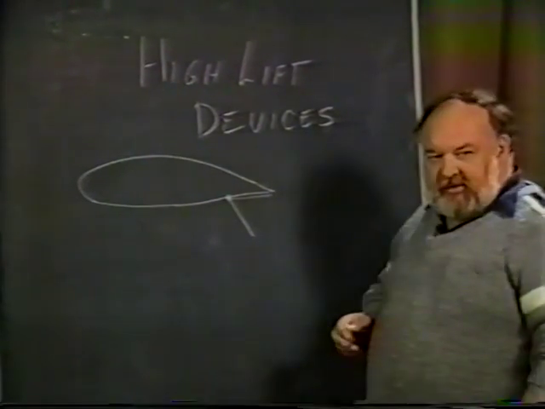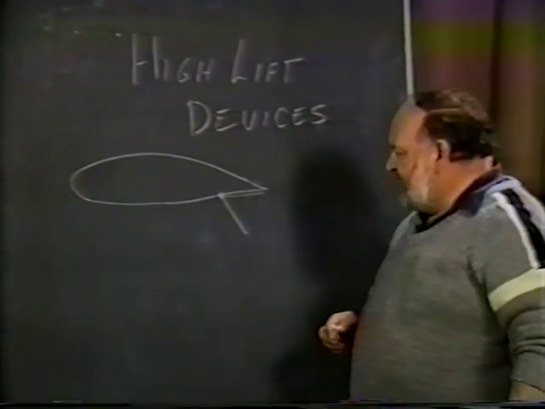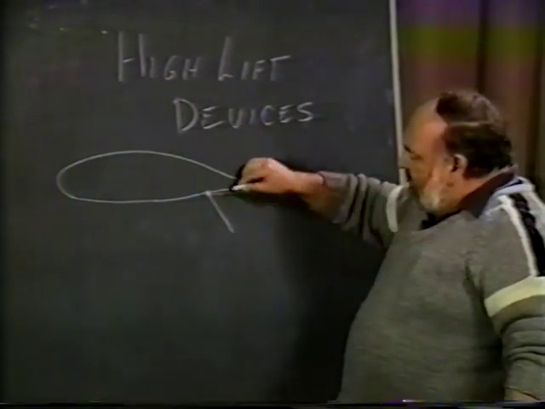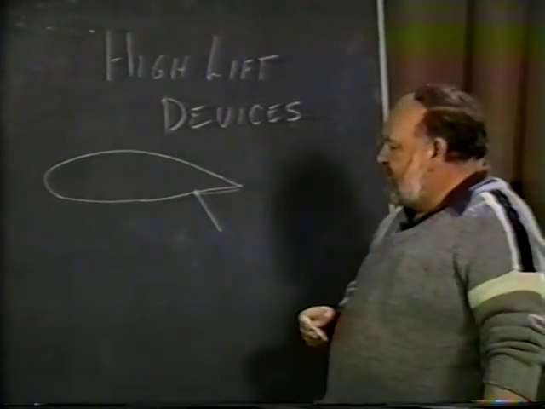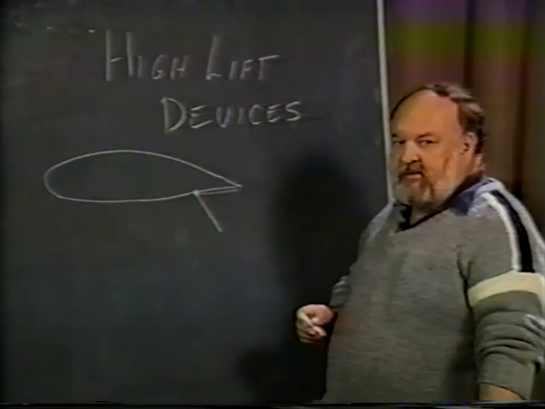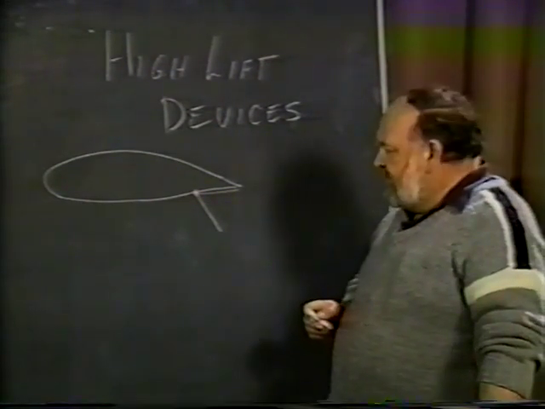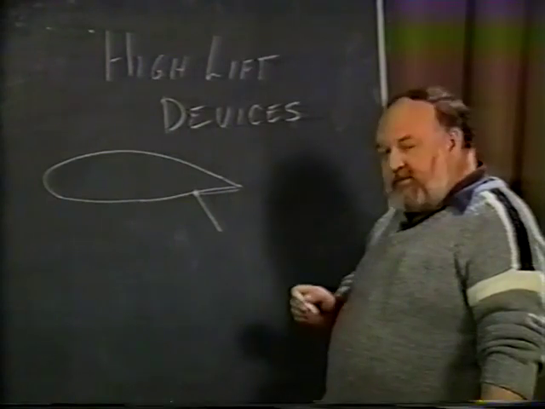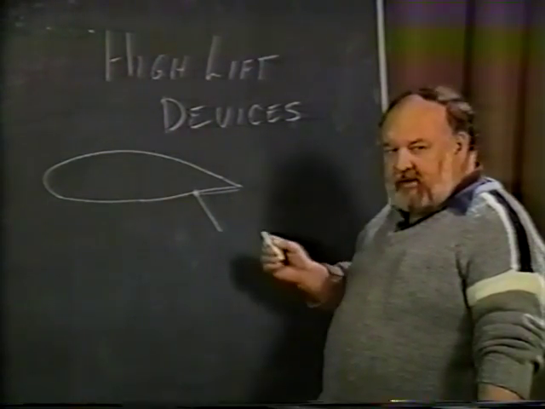A DC-3 is a good example of a type of airplane that has a split flap. The lower portion comes on down and produces a reasonable amount of a lift increase. Not the most powerful one, but a relatively efficient one.